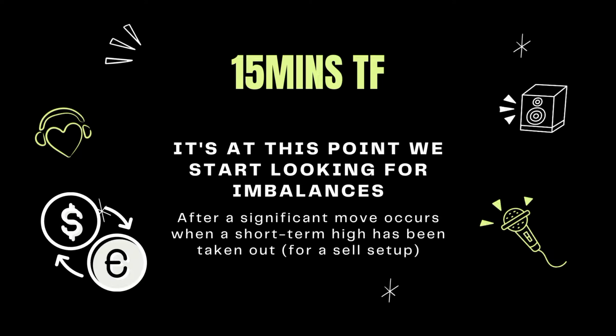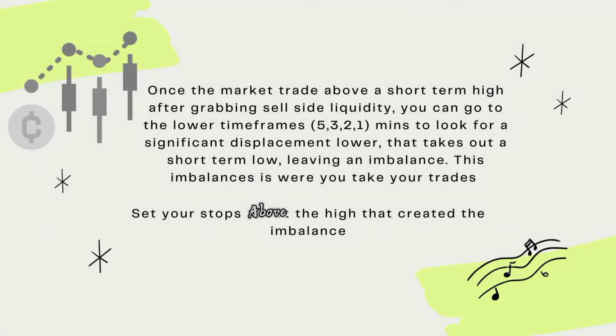So once the market trades above a short-term high, after grabbing sell side liquidity, we go to the lower time frame, the 5, the 3, the 2, the 1, and 4 included, the 4 minutes time frame. There we look out for significant displacement lower to take out the short-term lows.